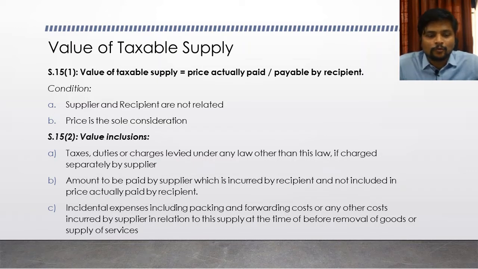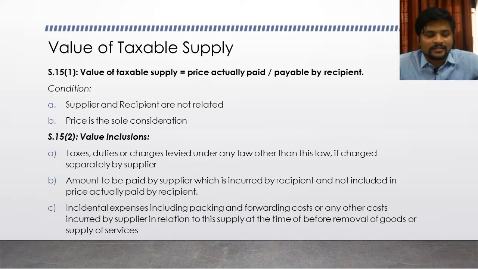This value can be taken as the value of taxable supply if 2 additional conditions are satisfied. Condition number 1, the supplier and the recipient should not be related persons. We have already discussed in our previous classes who is called a related person.